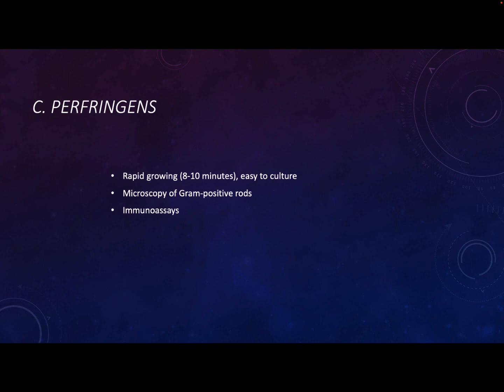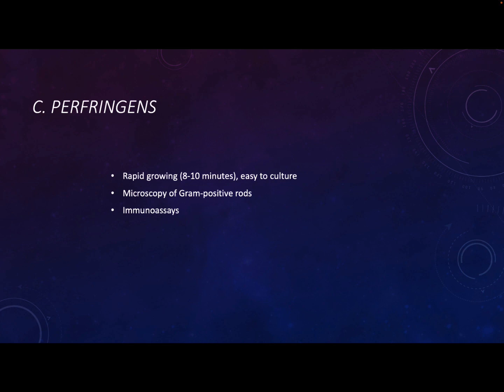For an anaerobe, it's relatively easy to culture. Some anaerobes are tricky. This one's not too bad. You can find it via microscopy and immune assays. And this particular strain is not always an obligate anaerobe.